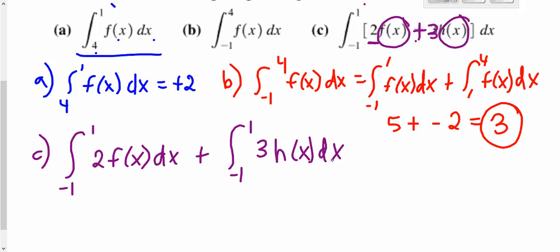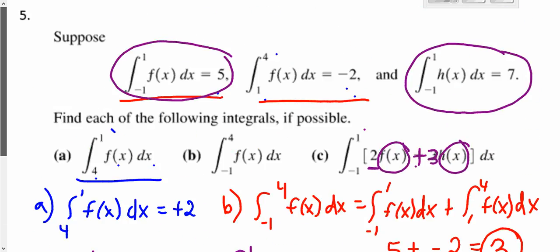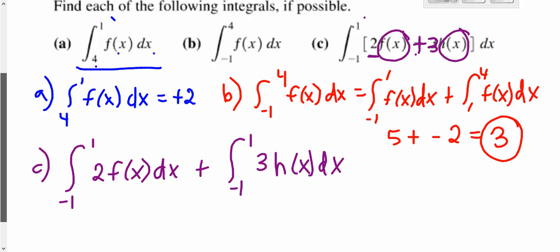But if we look back up at our definitions, they don't have numbers in the front of those. But we do have an integral property that allows us to write the numbers outside. Multiplying by a number on the inside of an integral is the same thing as multiplying on the outside.